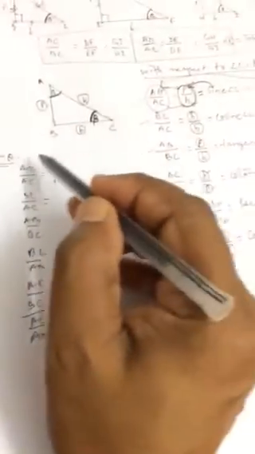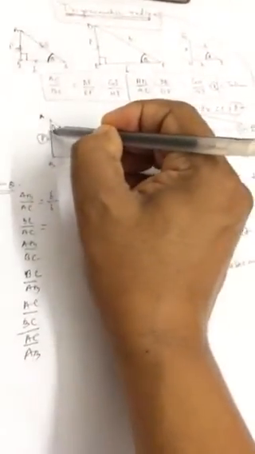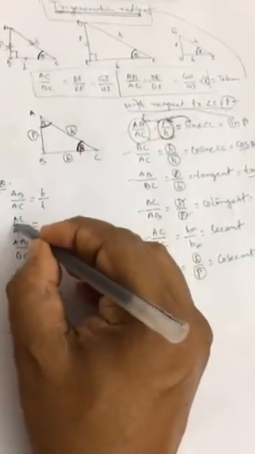Now you see, these ratios were obtained with respect to angle beta or angle C. Now these ratios are obtained with respect to angle theta. You have to identify this.